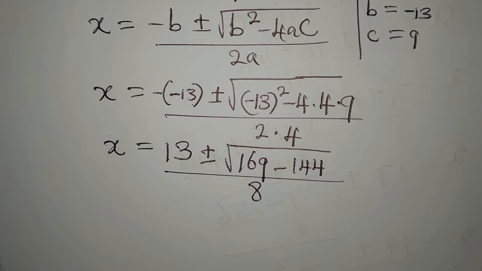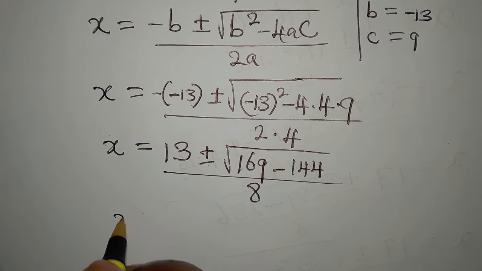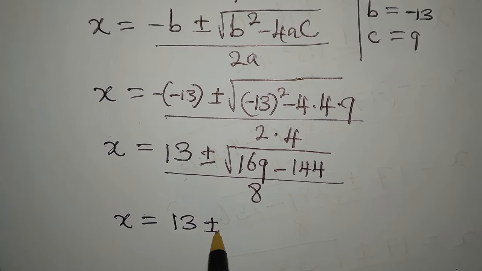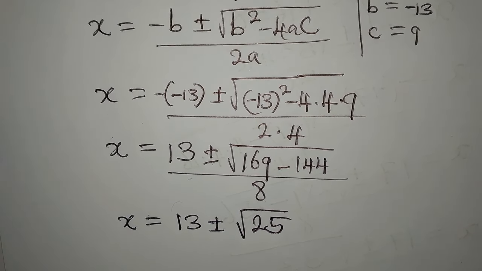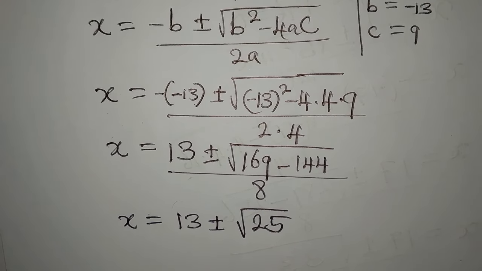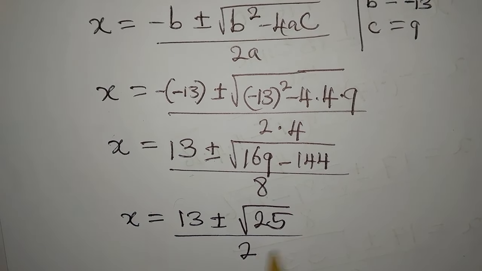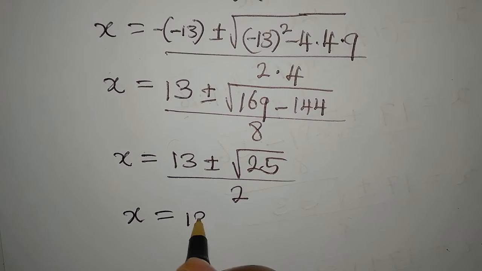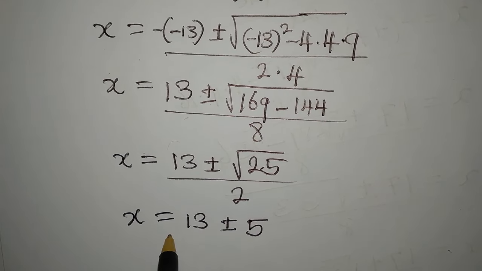Okay, so let us continue so that x will now be 13 plus or minus square root of 25, because 25 plus 144 is 169. Then we divide by 2. Now x is equal to 13 plus or minus 5 over 8.